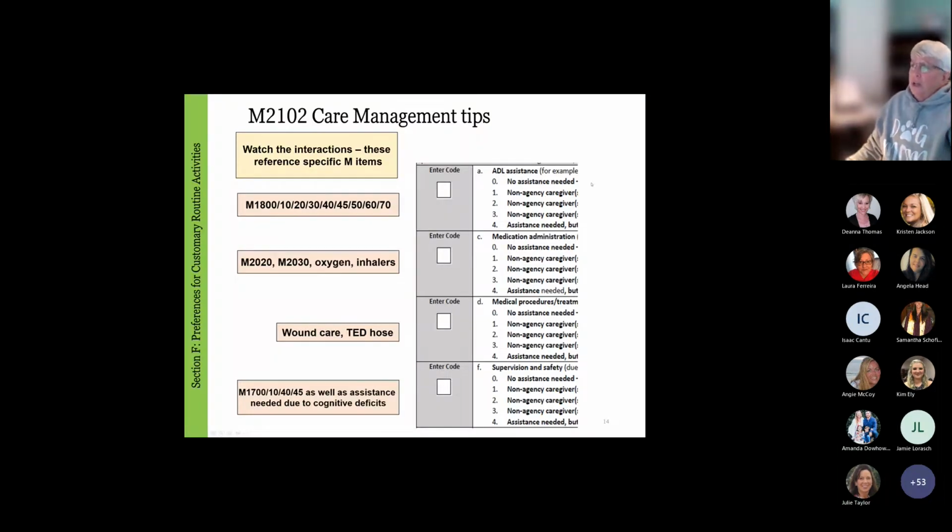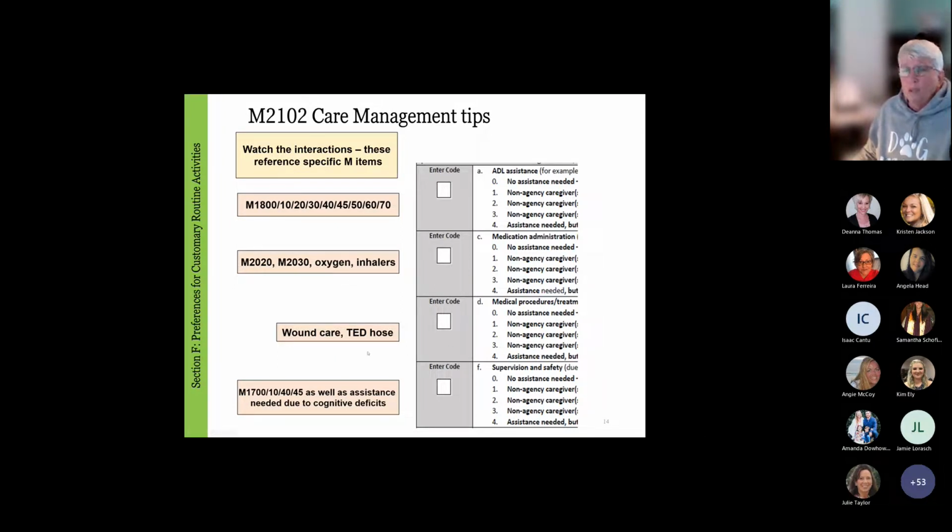So this is just, again, for those of you on the discharge side, all these items have a lot of tie-ins back to the different M items within the OASIS. The ADL assistance, there are all the ADL items. Med administration, we're talking about the M2020 and 2030, your medication items. Do they have oxygen? Do they have inhalers?